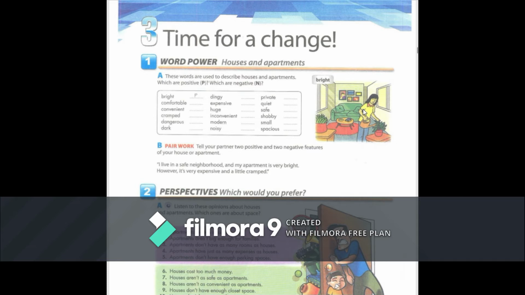Dingy. Dingy means dark and unattractive. You know, when you go to an apartment or house, it looks like creepy somehow. Sometimes when you go to, you know, the horror movies, when you go to a creepy house that doesn't have any lights or anything and it's dark, so unattractive as well, it's called dingy.